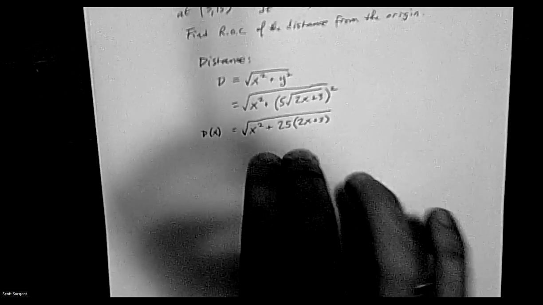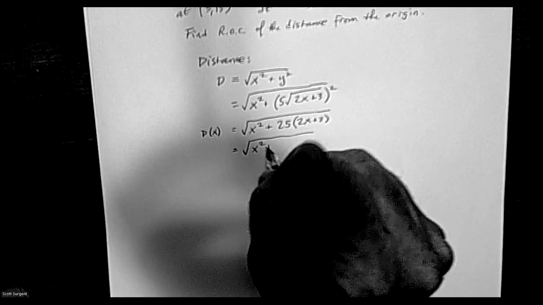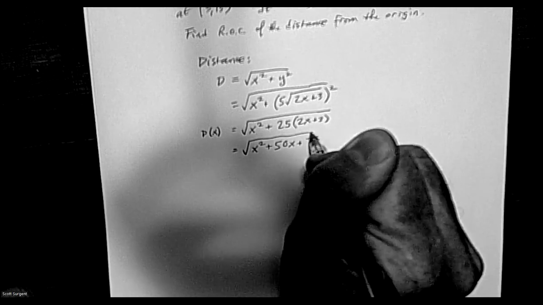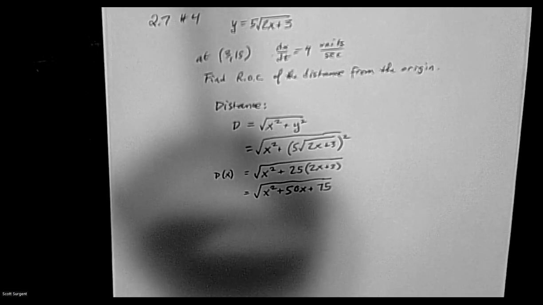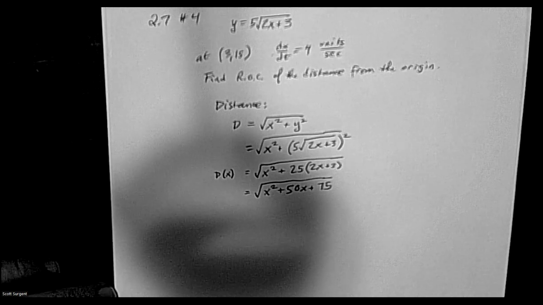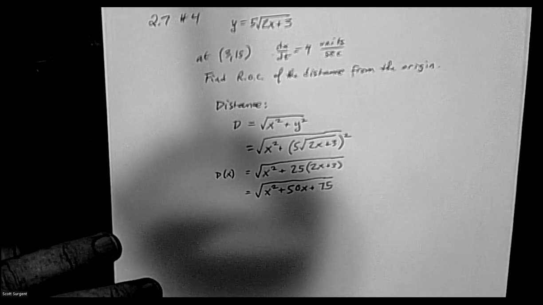Anyway, let's clean this up a little bit. I'll put the 25 here, it's the square root of x squared plus 50x plus 75. All I did was replace y with its equivalent in terms of x. Next, I'm going to take a derivative with respect to t. Believe it or not, this is actually an implicit form.